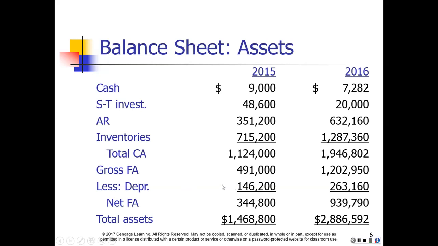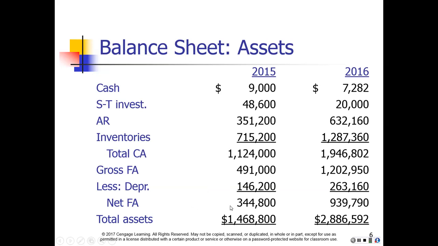This is depreciation accumulating over the years, right? The income statement had already told us that the depreciation for the year of 2015 was only 18,900, but this is how much depreciation has been taken over the years, in 2015 and prior to 2015 added up.